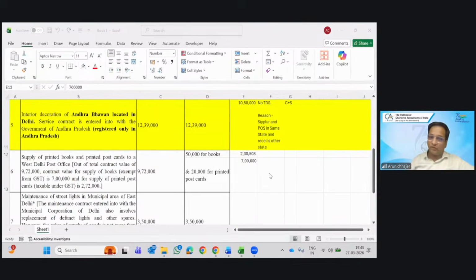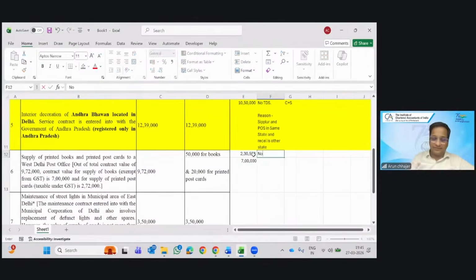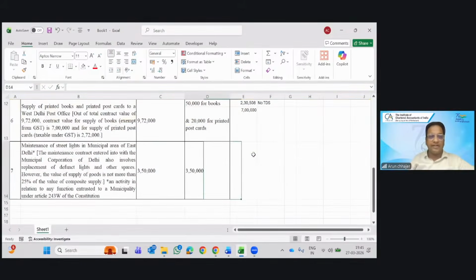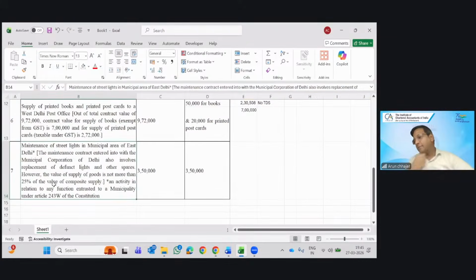Taxable value is less than 250, so I can say no TDS. Absolutely correct. Quickly read serial number 7 and then tell me will the TDS be applicable or not?